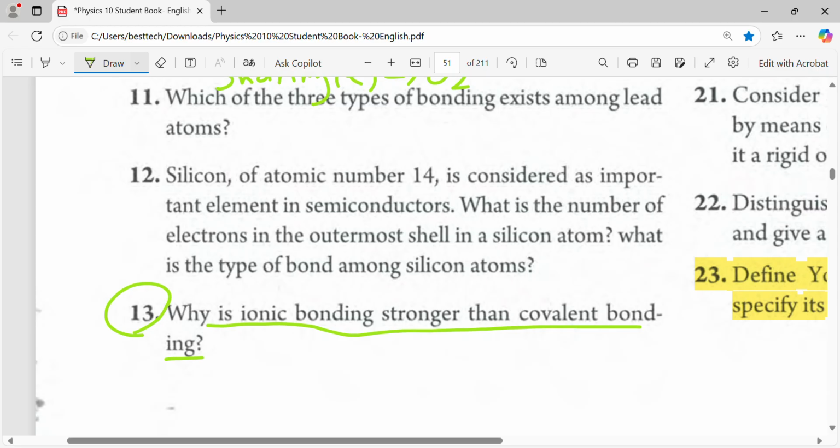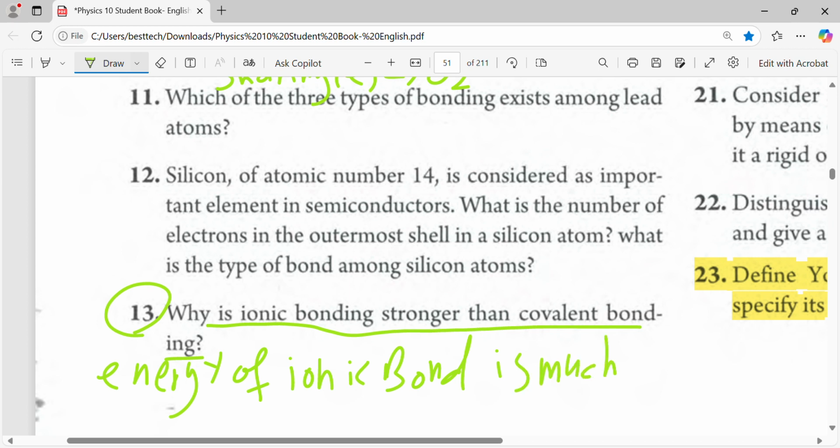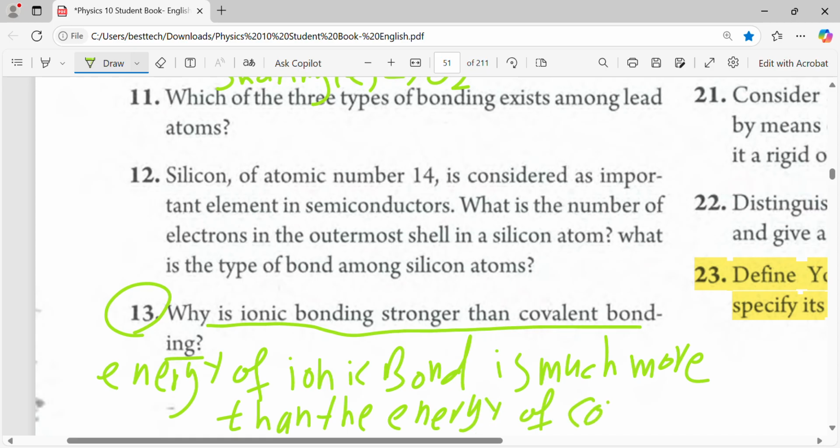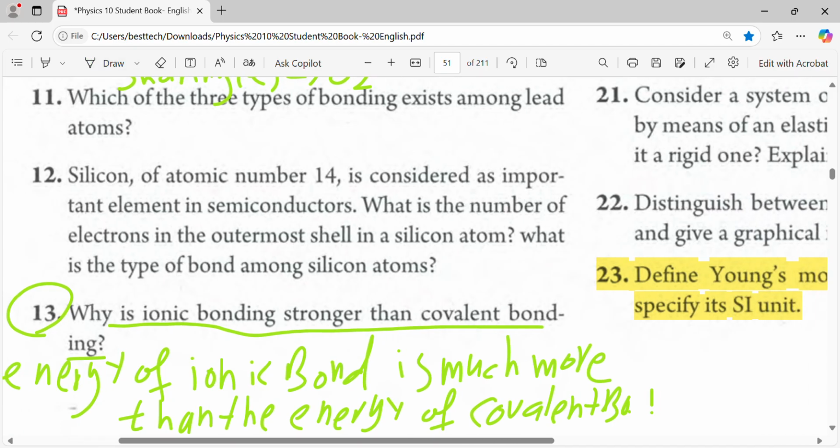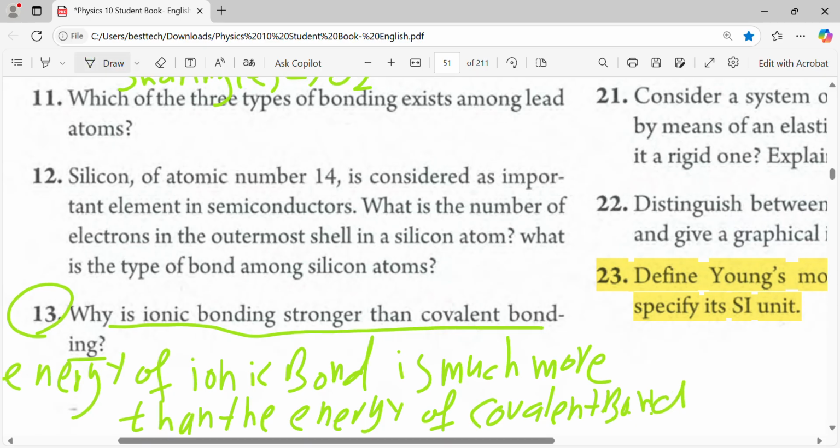This is the reason, just because of the energy. The answer of question 13.